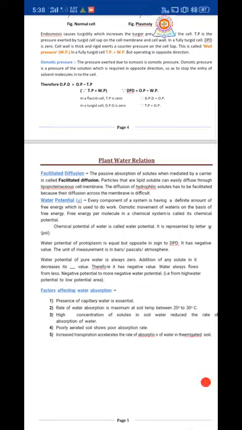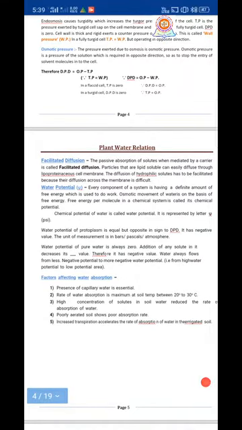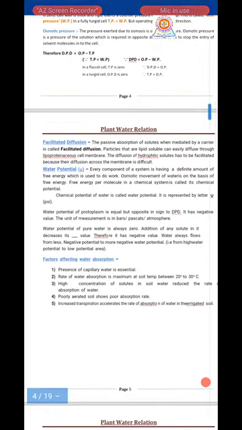The molecules that are present have some kinetic energy or free energy, and that free energy per molecule of a chemical system is known as the chemical potential of that substance or system. Chemical potential of water is called water potential.